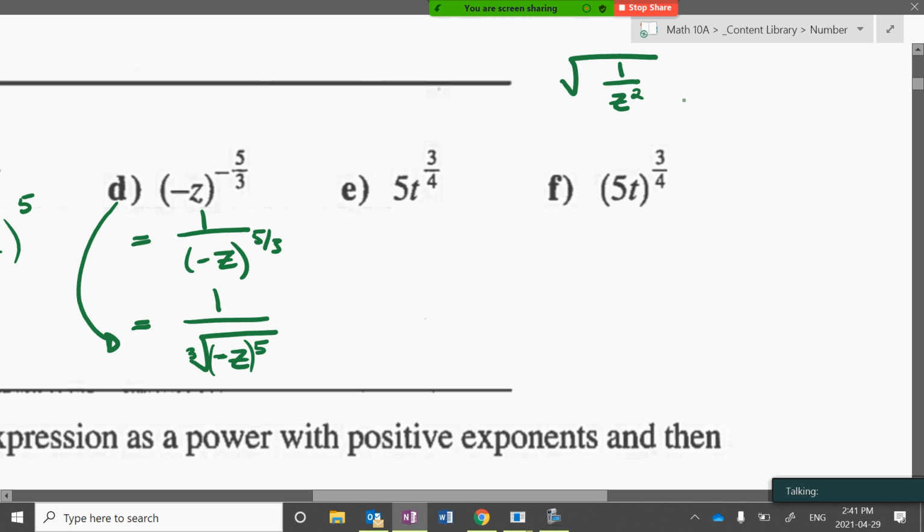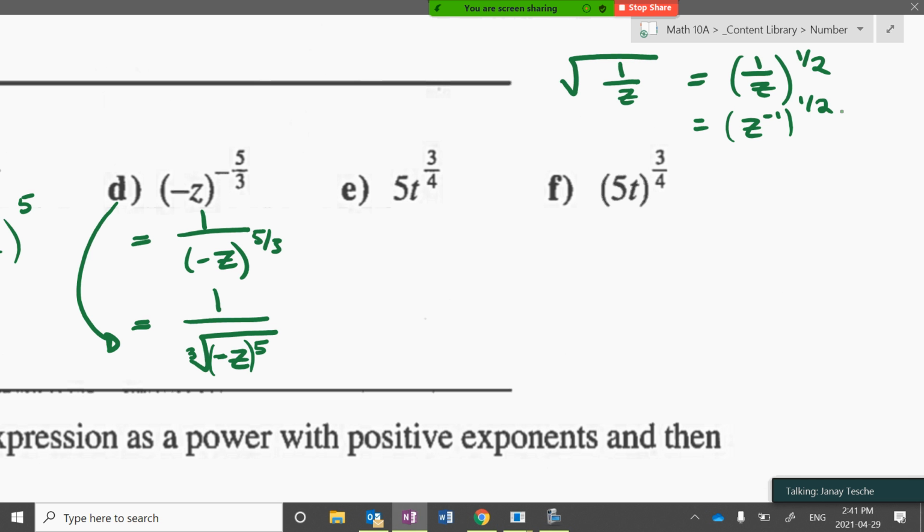Yes, because this would have been the equivalent of 1/z all to the power of, let's say, a half in this case, which then could have been z to the -1, to the power of a half. So depending on the numbers, they could end up being equivalent, but it would depend on your scenario. That's a really good question.